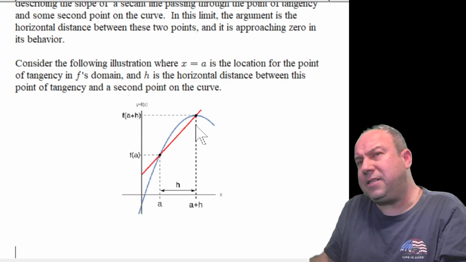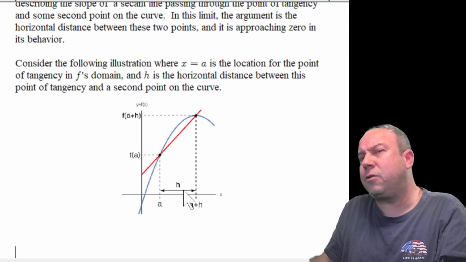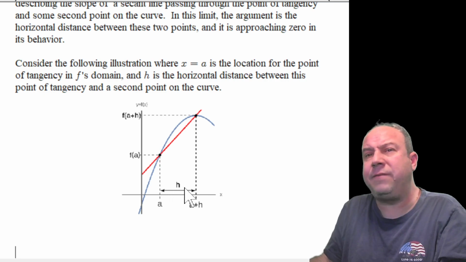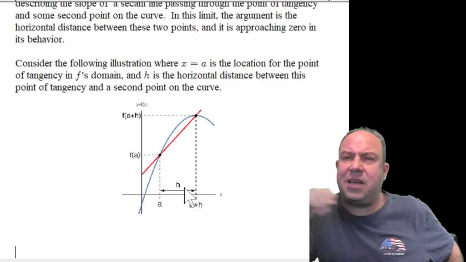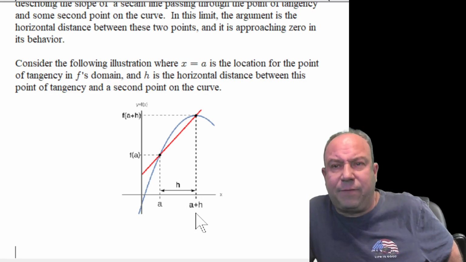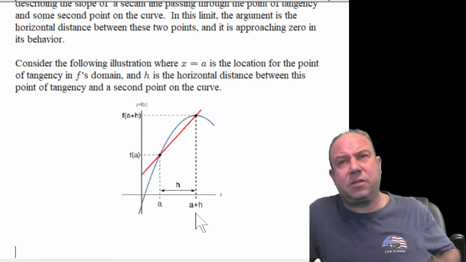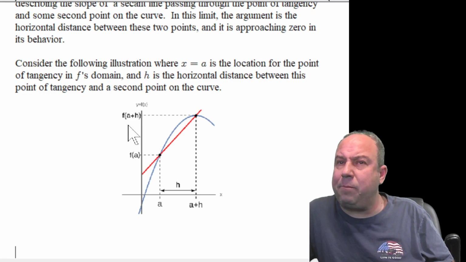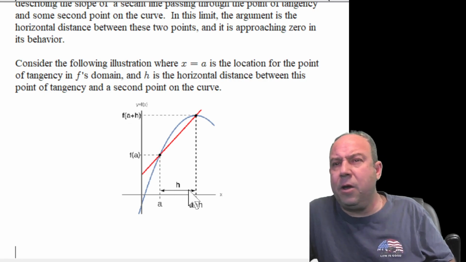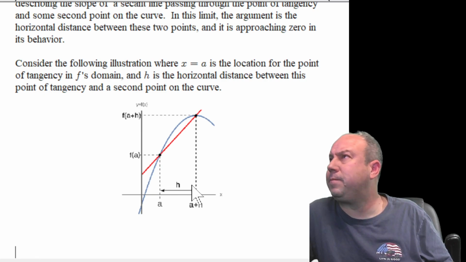And then we're going to place the other point on the curve at a certain horizontal distance away from a. That's what h stands for. It's this horizontal distance that we are away from a on the curve. So its location is going to be at a plus h, and it's going to have its output at f at a plus h. And what this gives me is my rise and my run.